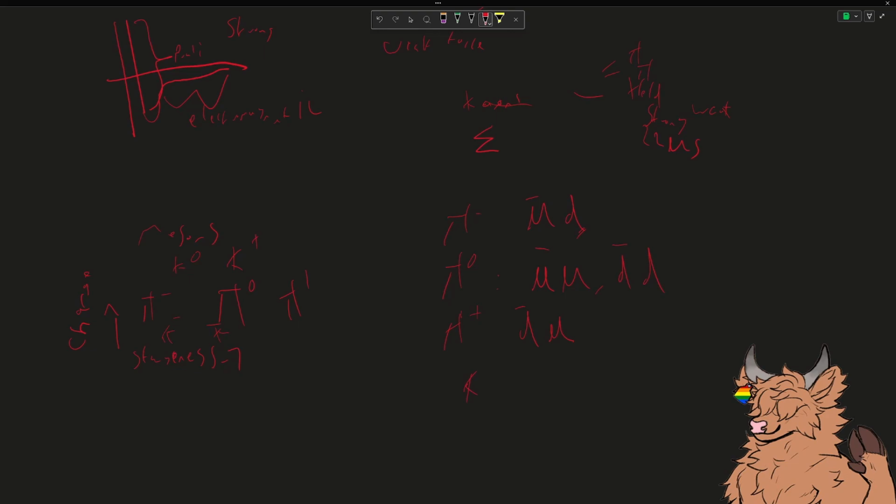kaon, oh yeah, of course you can do this with kaon, K negative, you have an up quark, but then you have the strange quark. Oh crap, no, it's an up negative, sorry. K0, you have strange quark.